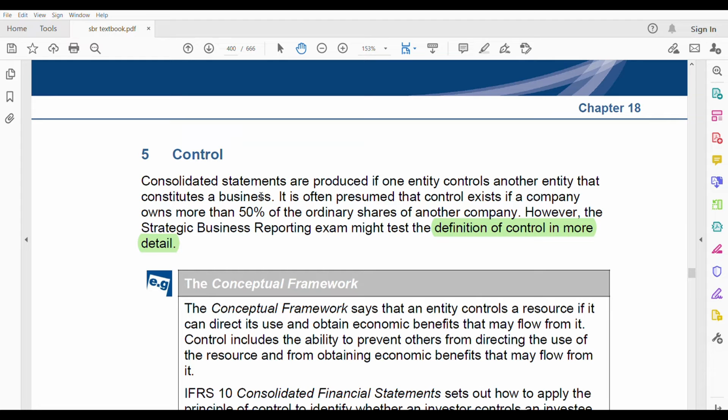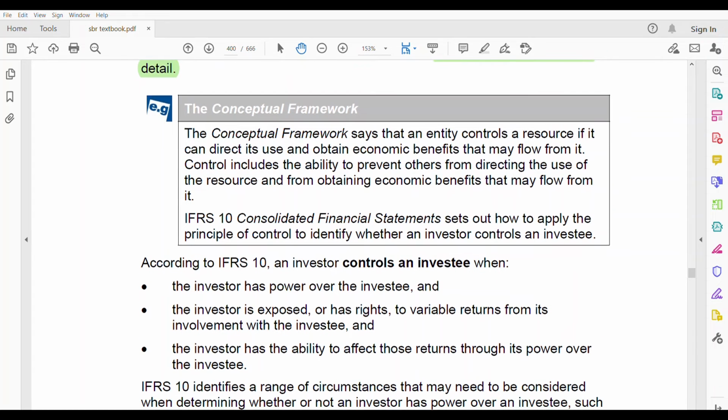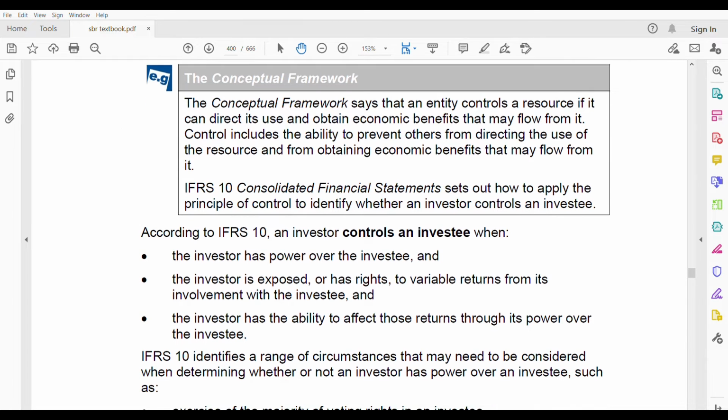Most of the time it is asked. So according to IFRS 10, an investor controls an investee if these three things, which we have covered earlier, are present: power over the investee, the right to variable returns, and the ability to affect those returns. These 3 points you definitely should know by now.